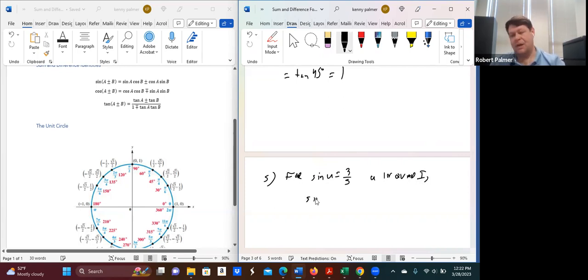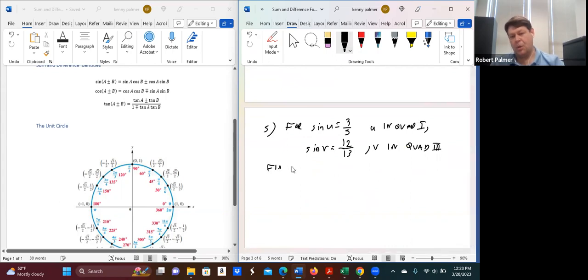Then we also have the sine of some angle v is negative 12/13, and v is in quadrant 3. And what we want to do is find the sine of u plus v, the cosine of u plus v, and then the tangent of u plus v.